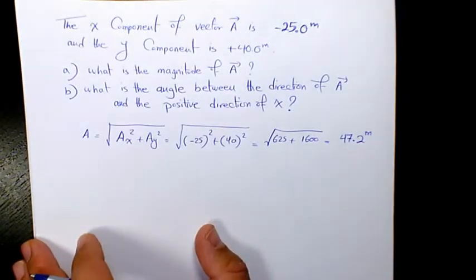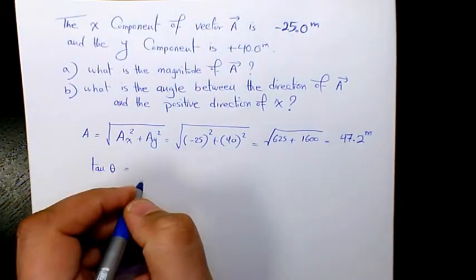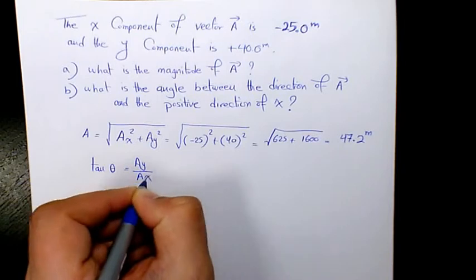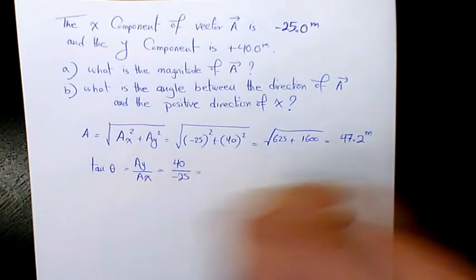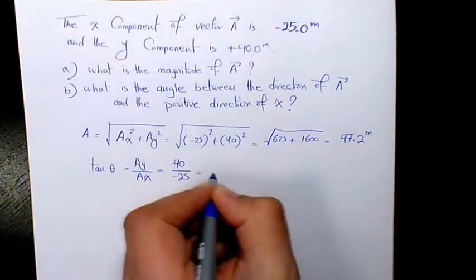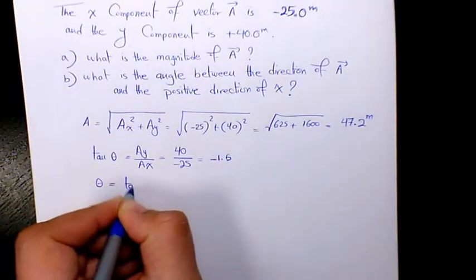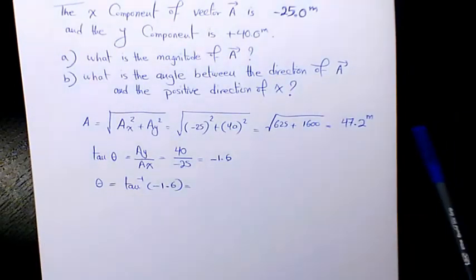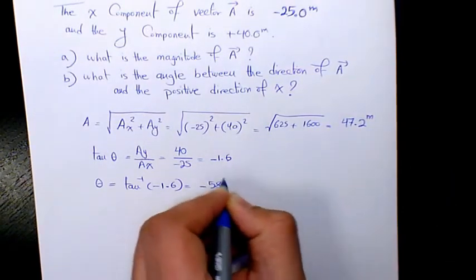And if we want to find out the angle between the direction of A and the positive direction, we can say that tan theta equals ay divided by ax, which will be 40 divided by negative 25. That will be negative 1.6. So theta is going to be tan inverse of negative 1.6, which will be negative 58 degrees.